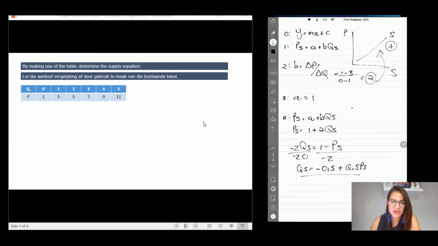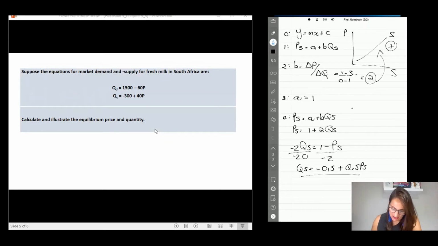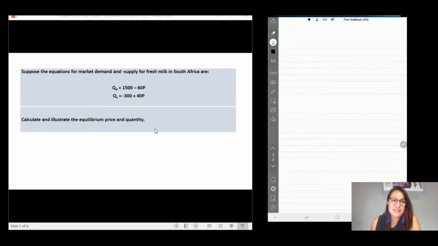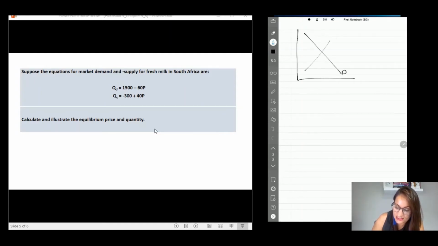Right, let's go on. So now what we're looking at is they gave us the two equations, one for the demand and one for the supply, and say calculate and illustrate equilibrium price and quantity. Now equilibrium price and quantity is where demand equals supply. So where those two curves intersect, we have what we call equilibrium price and equilibrium quantity.